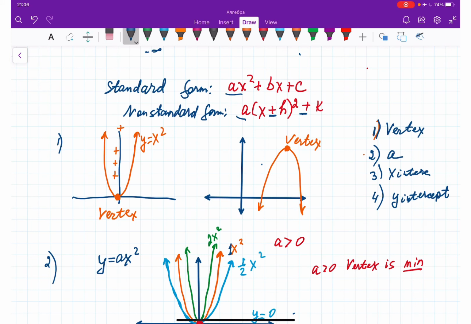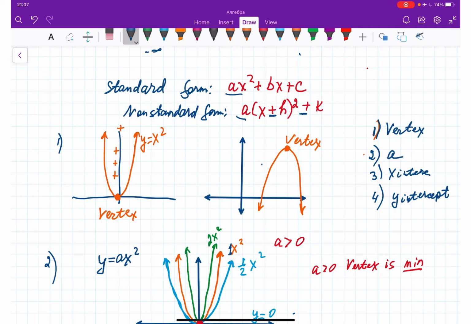So we are going to figure out every single point there, 1, 2, 3, 4, and then put together our graph of the quadratic function. And we are going to build standard form and non-standard form. I'm going to start with non-standard form because it's a little bit easier, and then we move to standard form.